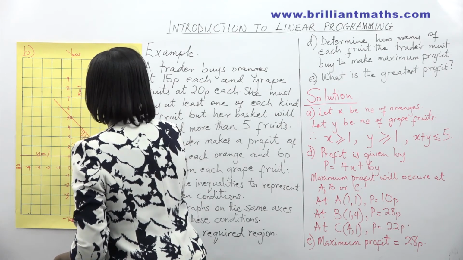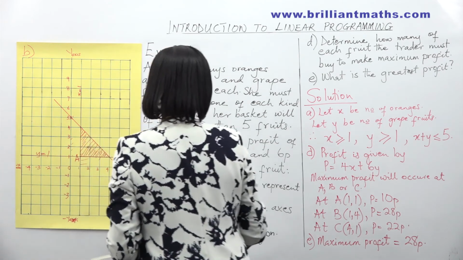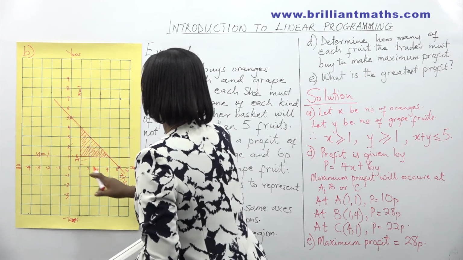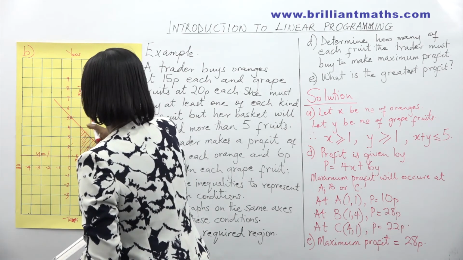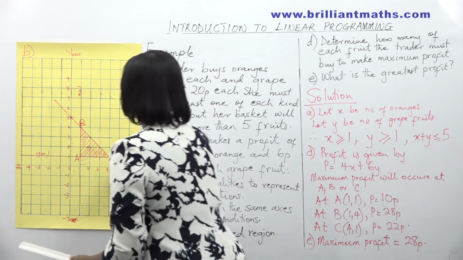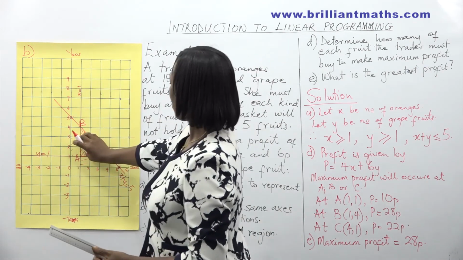So let me label the required region as a triangle A, B, and C.